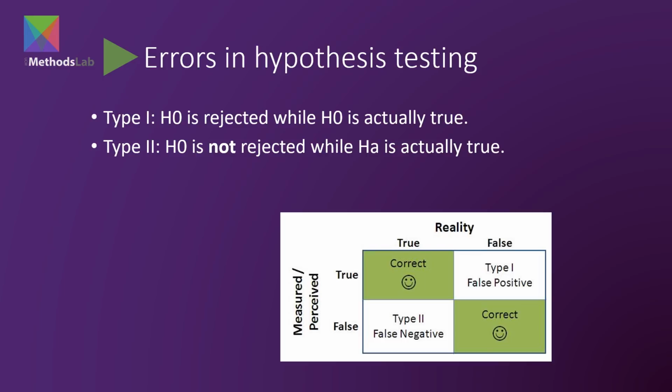But essentially, type 1 means the null hypothesis is rejected, so we think that it's falsified, while in fact, in the objective reality that is out there that we can't necessarily measure, it is actually true. Type 2 would be the null hypothesis is not rejected, while in reality the alternative hypothesis is actually true. In the two other scenarios where we reject the null hypothesis and we are also right, or we don't reject it and that's the right decision, of course this is not a problem. That's correct. That's simply what we want.